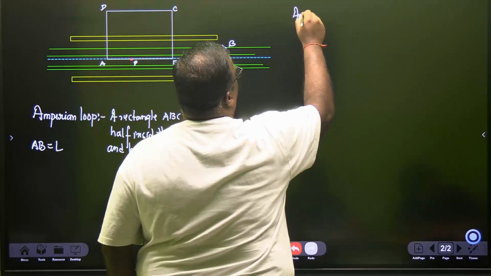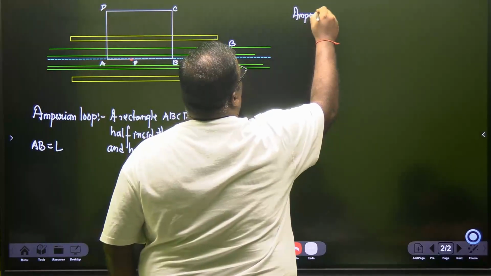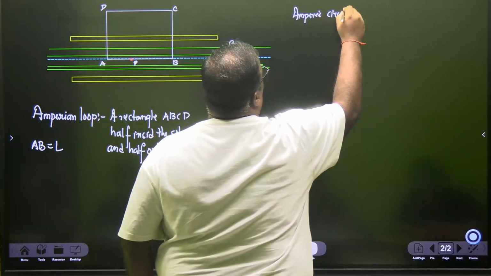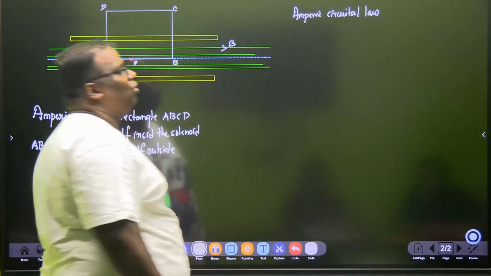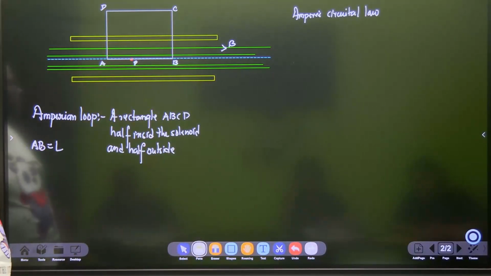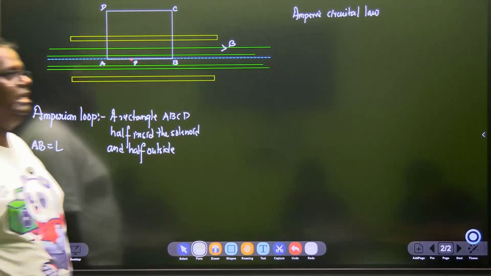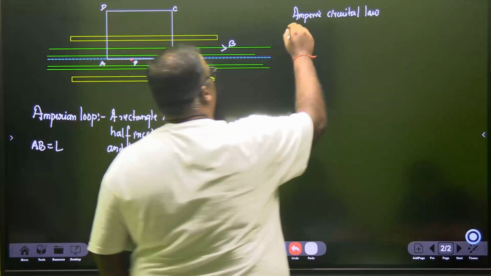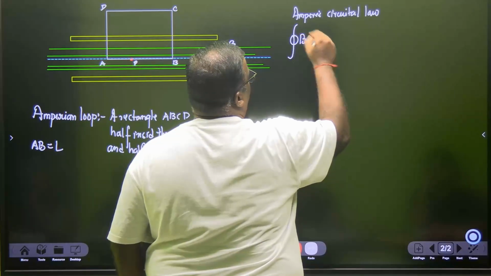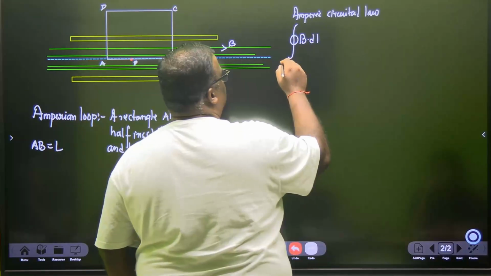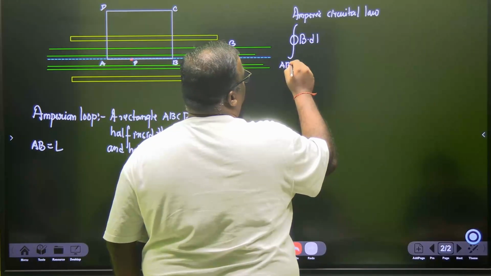Now we apply Ampere's circuital law. So in Ampere's circuital law, what do we have to do? The closed integral of B dot dl, right? We have to take B dot dl for the entire loop ABCD.